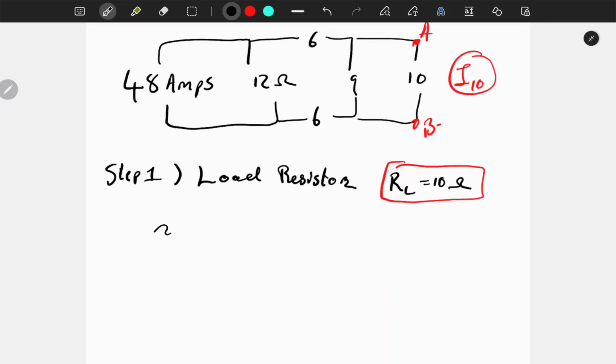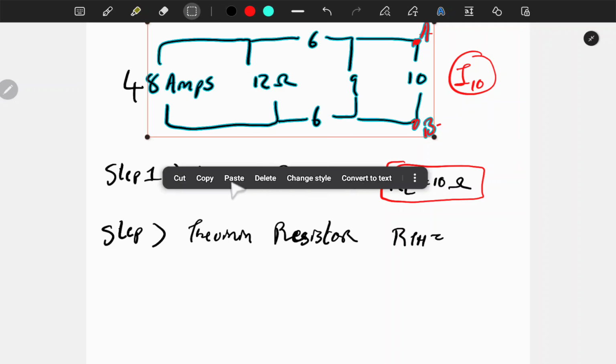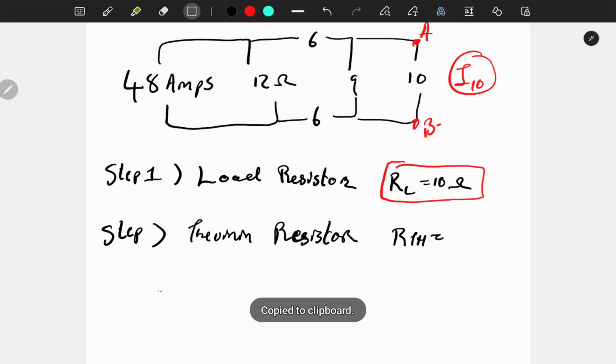Then step 2, your Thevenin resistor, RTH. So we're going to find that by copying this one, right? Copy, going to paste it here.